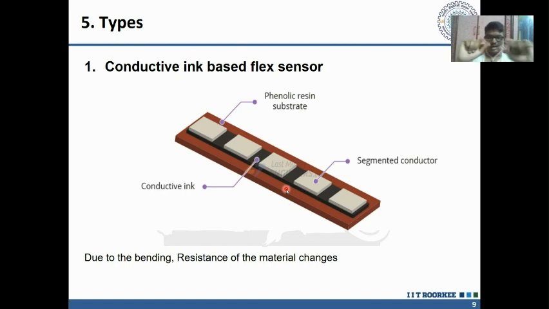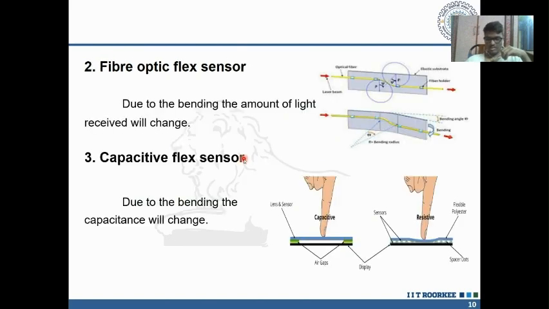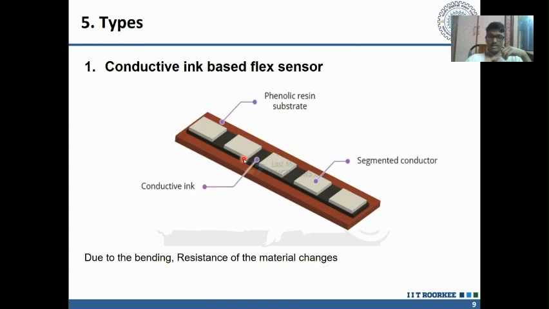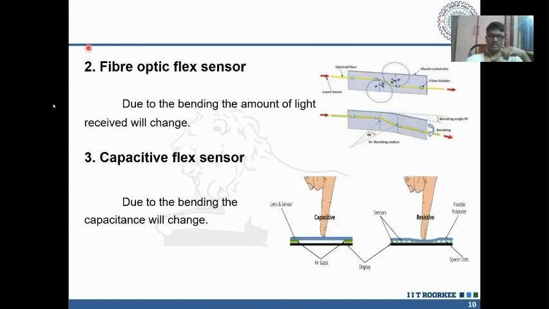When there is bending, the gap between these conductors increases, so the resistance increases. This entire setup is mounted on a resin substrate, which is non-conductive. This is the conductivity based flex sensor that is generally available in the market.